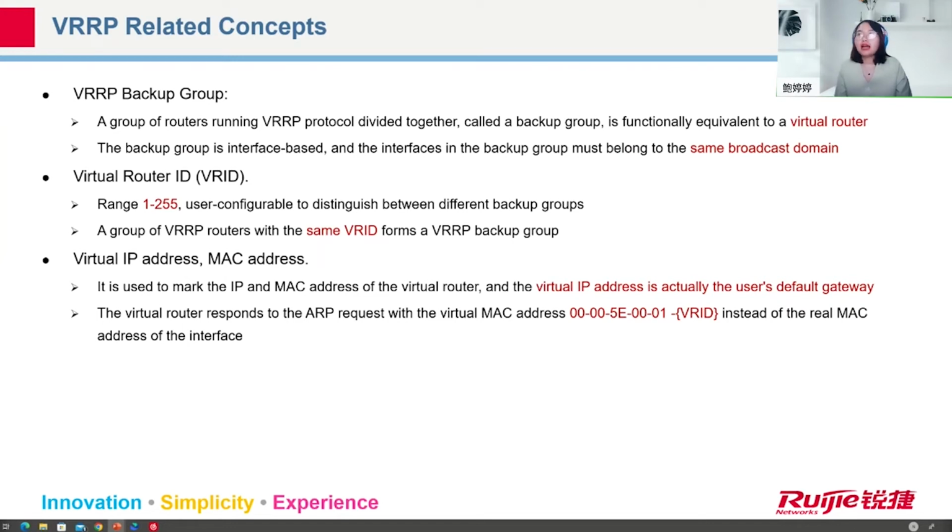The second one: the virtual IP should be the address finally configured as the terminal gateway. The third one: for the MAC address, by default we provide a virtual MAC address to the client, and the value is this one. The first several bits are fixed, and the last one depends on your virtual ID.